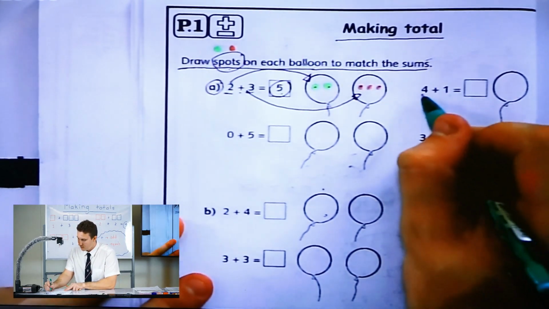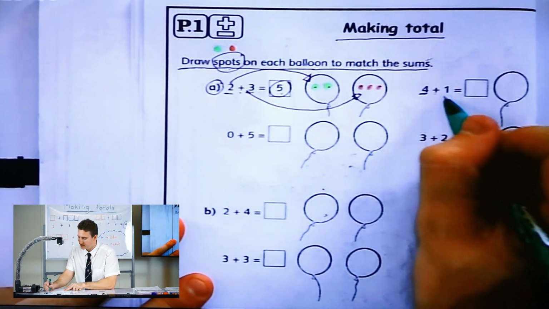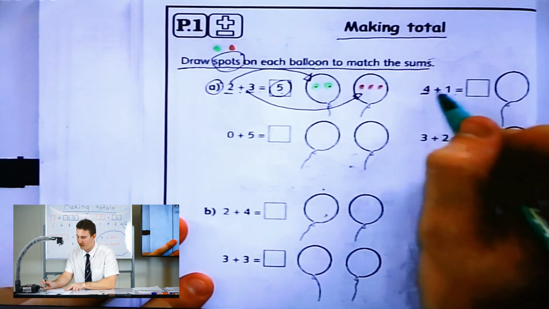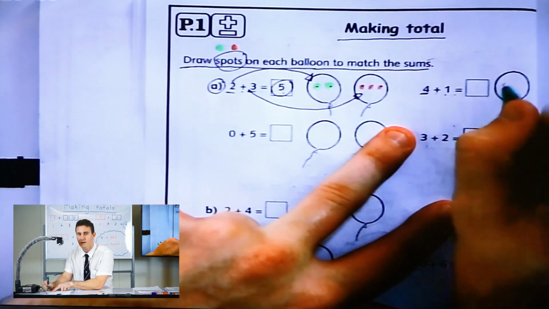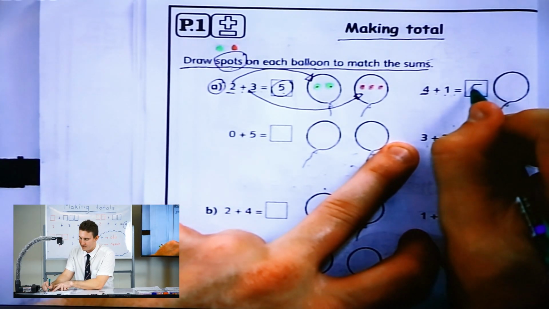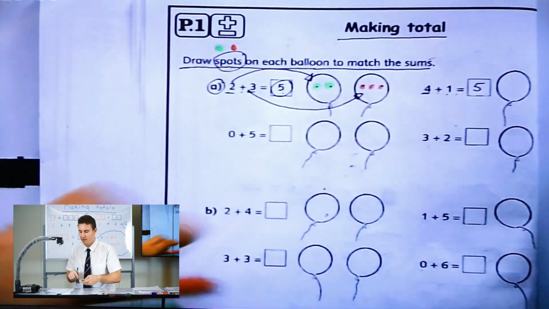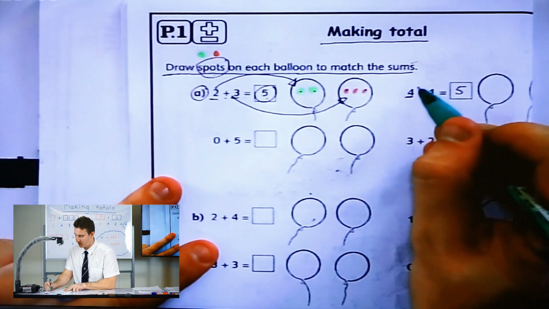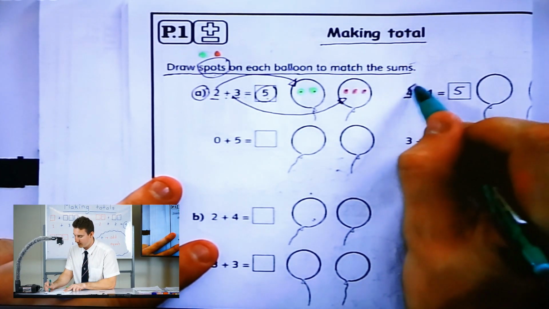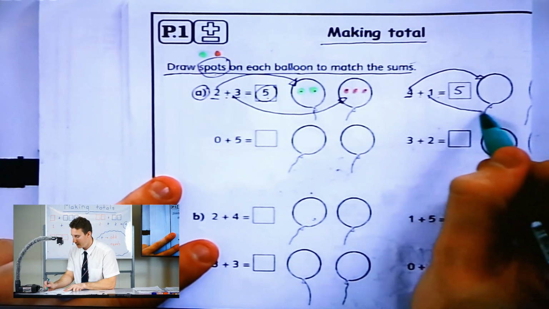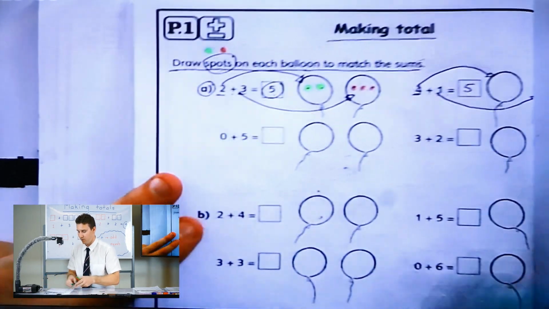It says 4 plus 1 equals, what could that be? Who knows the answer? 5. Very good. Now we need to draw in the spots, and we're going to go 4 into the first balloon and 1 into the next balloon.